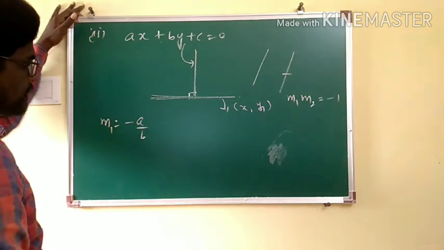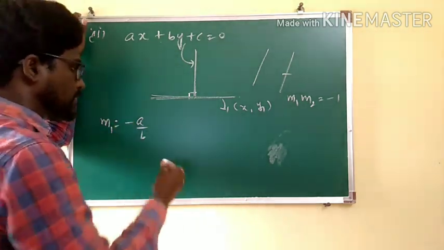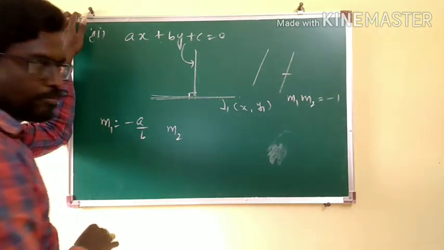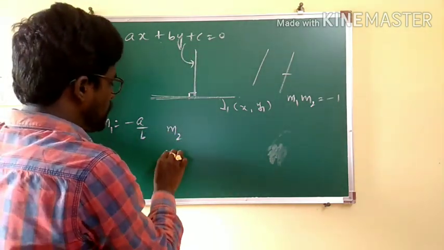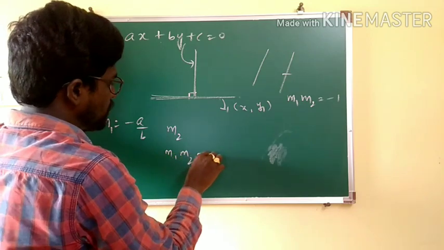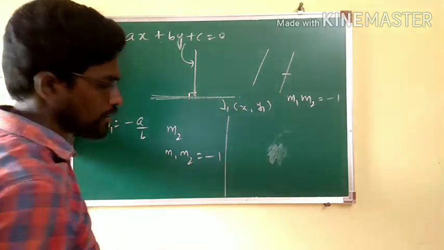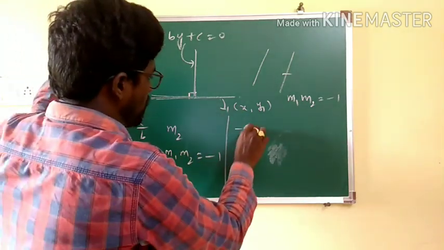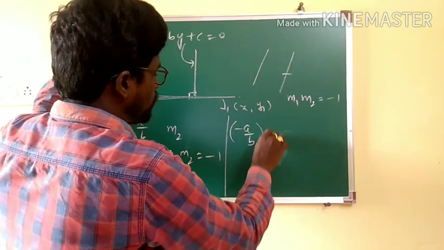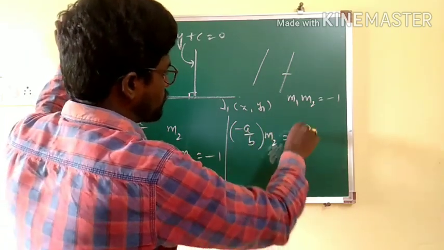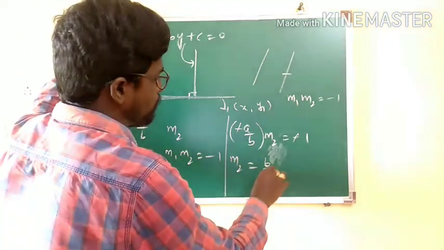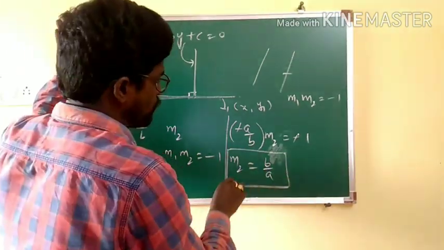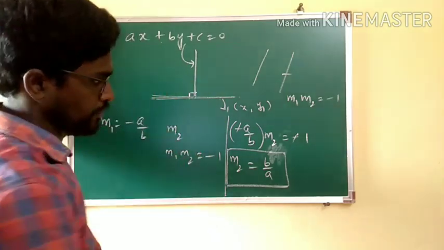Let's say it is m1. Let us consider m2 is our required slope. Therefore, the product of m1 and m2 must be minus 1 because those two lines are perpendicular. So, minus a by b into m2 is equal to minus 1. Minus and minus get cancelled. Therefore, m2 is equal to b by a, because our aim is to trace out the slope of the required line first.